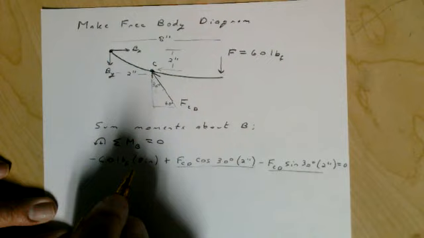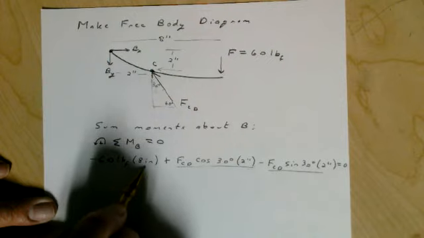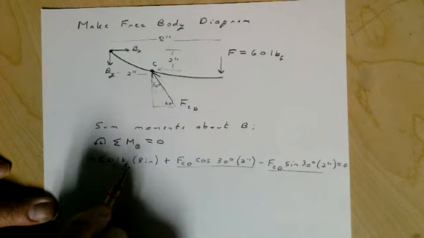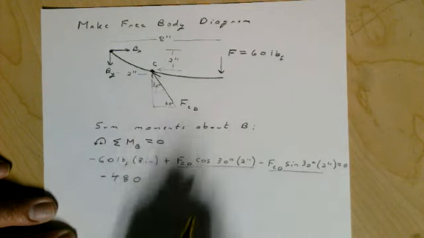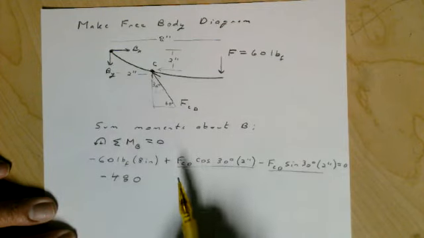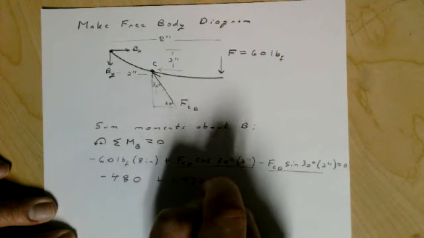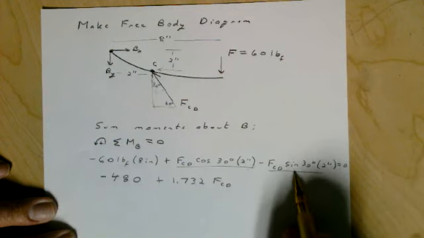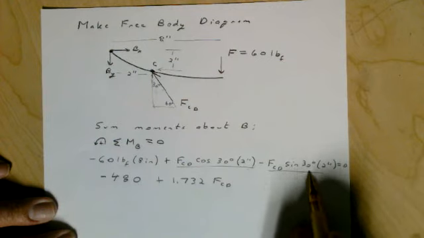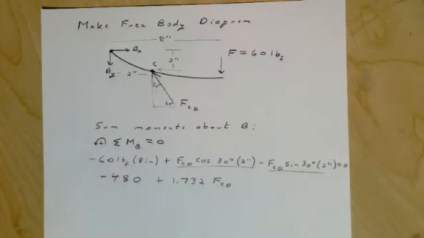And when you start plugging things into your calculator, this over here is minus 480. And this right here comes out to 1.732 FCD. And this is going to be sine of 30, which is 0.5, times 2. That's just going to give us 1.